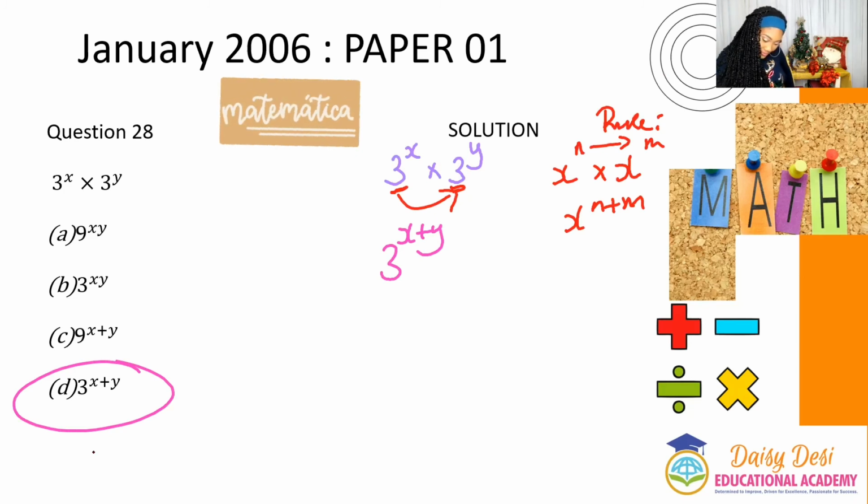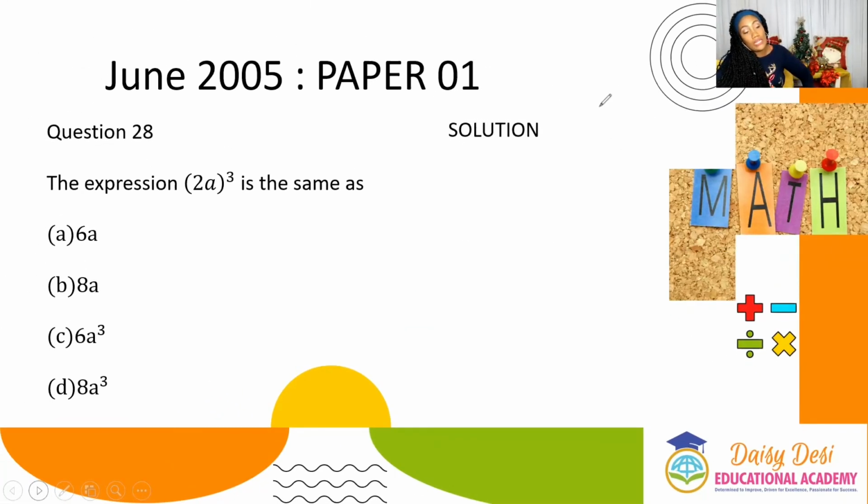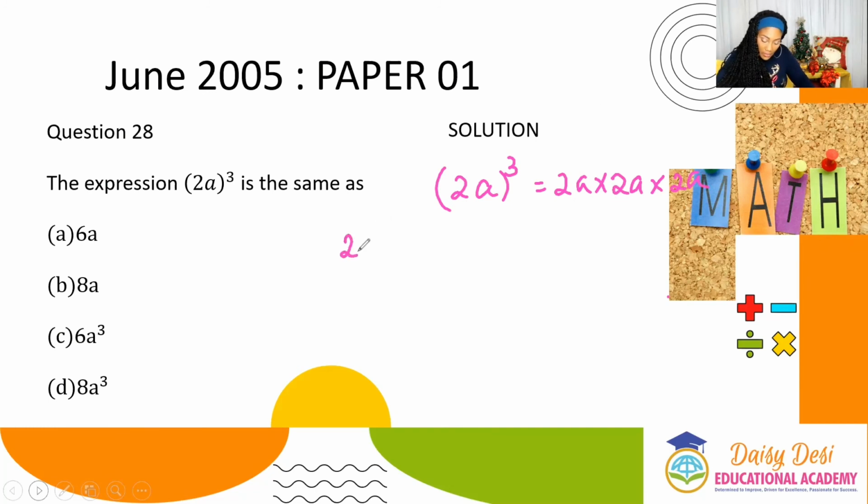Okay. Moving on. So this is the June 2005 question 28. The expression 2a cubed is the same as 2a multiplied by itself 3 times.